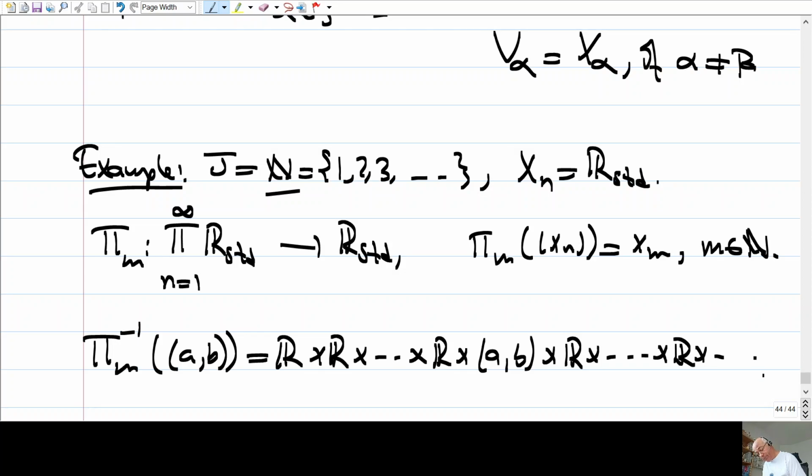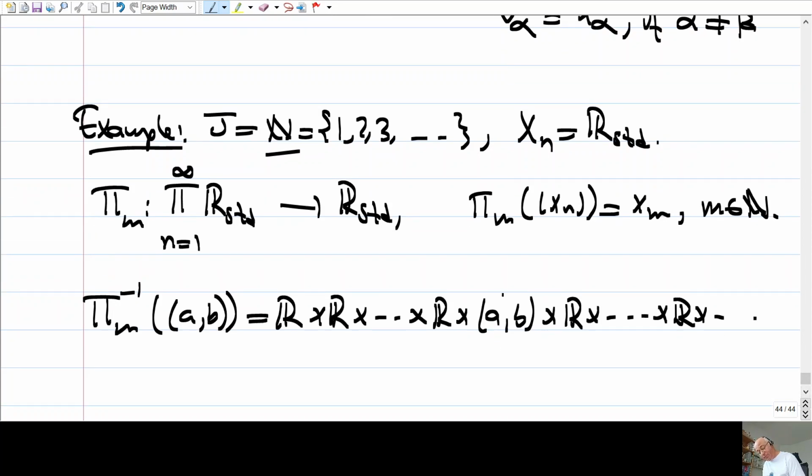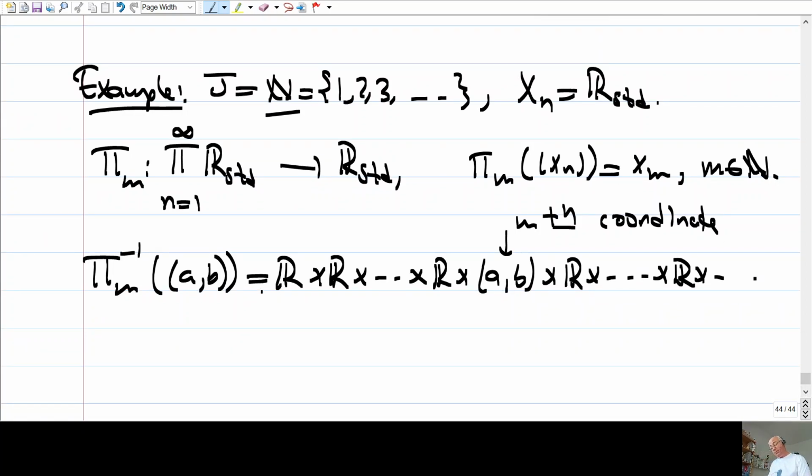Here, this is the mth coordinate. So these are the sub-basis elements. All of the spaces are the whole space, and one of them is an arbitrary open set. Okay, like this one.